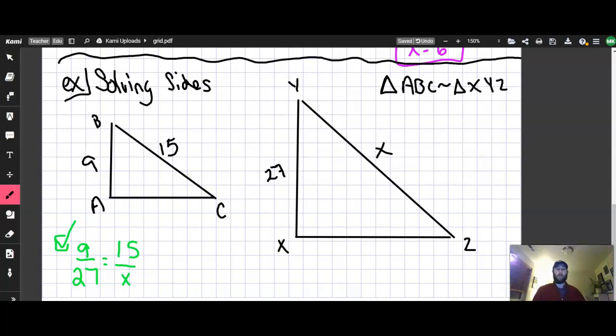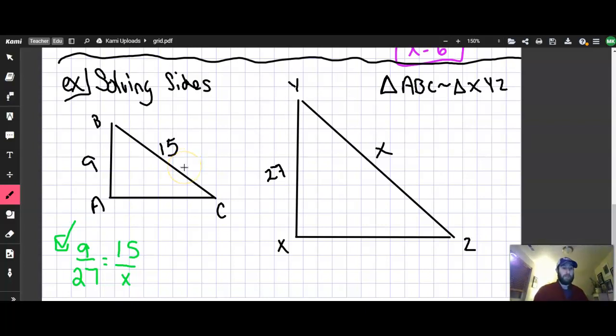Another one that works that's slightly different than what I've described so far. Another fraction that would work here is not talking about the image over the preimage, and it's not talking about the scale factor. It's just relying on what corresponds. So we can match sides in the same triangle together.